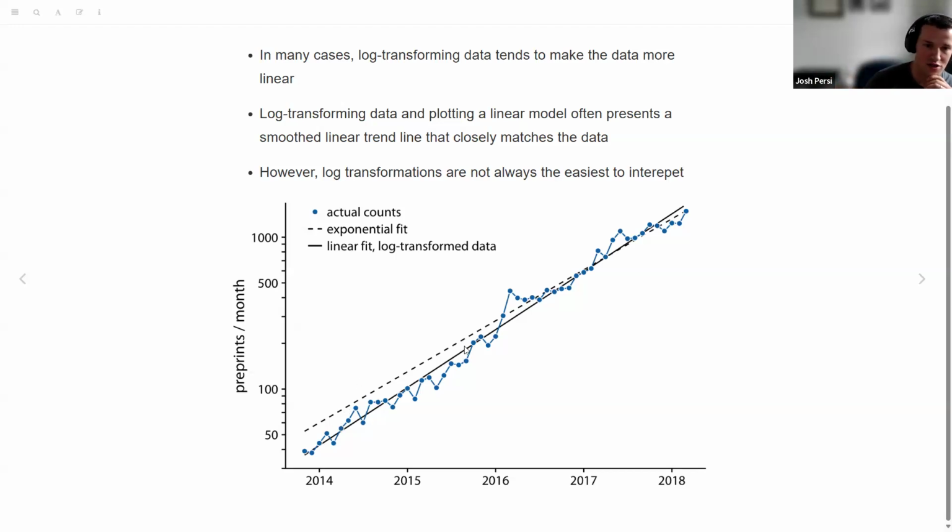Because as you can see here, the exponential fit model overestimates the value of preprints per month compared to the actual data.